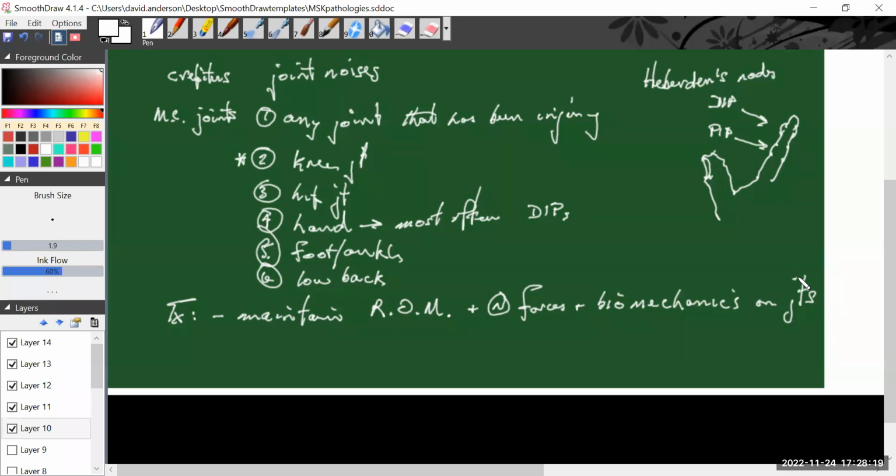If you've got disruption and imbalance in a joint and you're running free, you may just make it worse. So that's what we talk about when we say forces and biomechanics, try to normalize those as much as possible. We've got lots of modalities that can address the inflammation, from very, very basic modalities like ice.